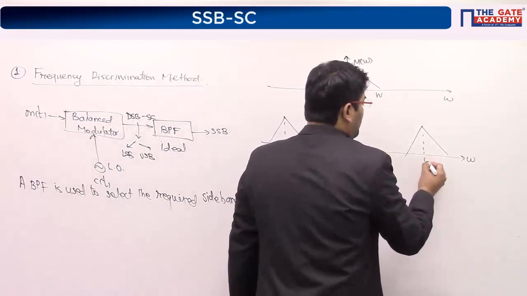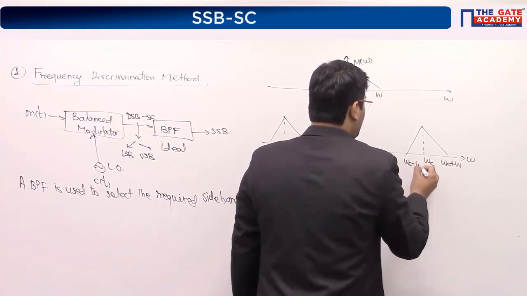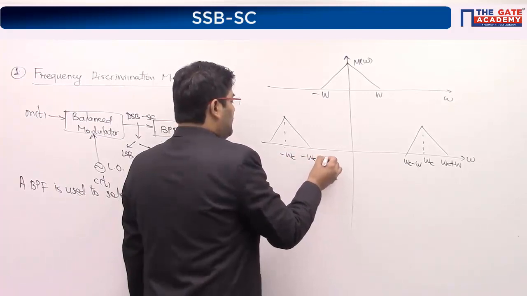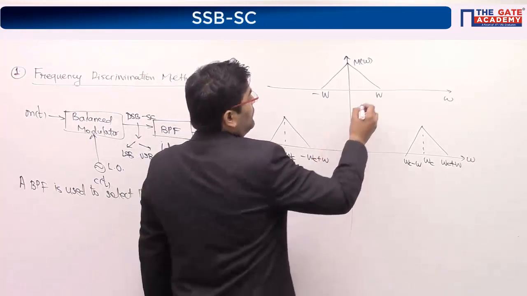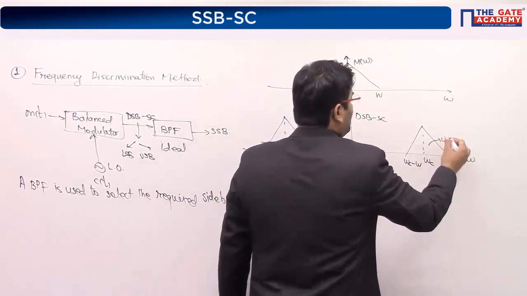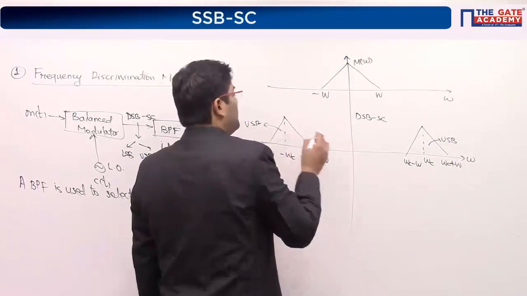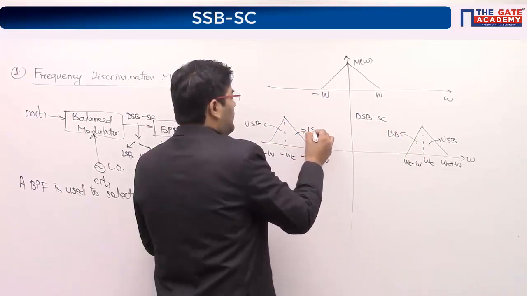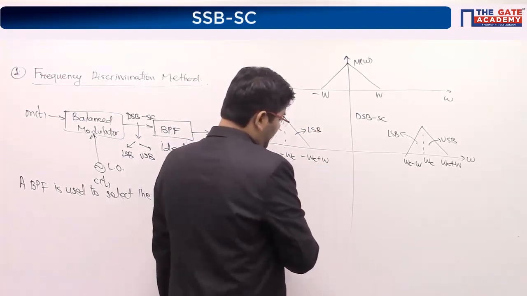So this is going to omega C plus W, omega C minus W, and similarly the mirror image: minus omega C plus W, and minus omega C minus W. So this is your double sideband suppressed carrier. This is upper sideband and this is upper sideband. This is lower sideband and this is lower sideband. Clear?